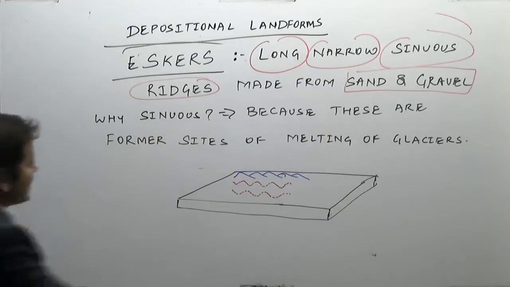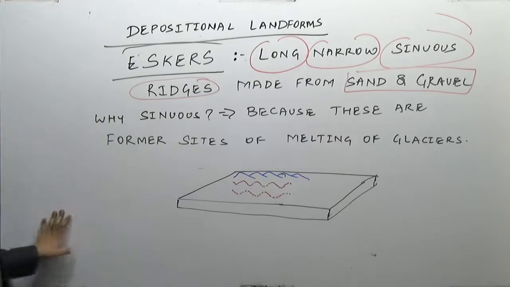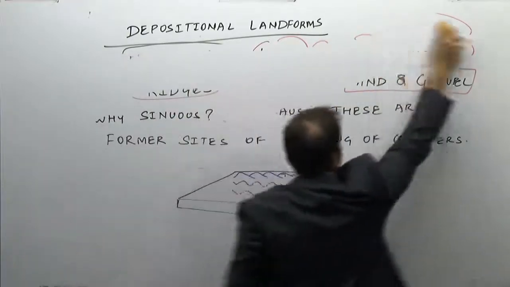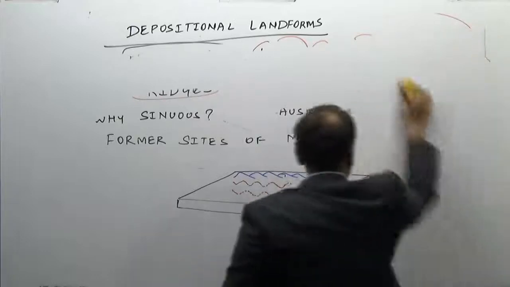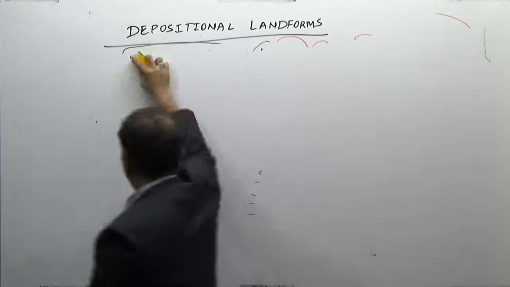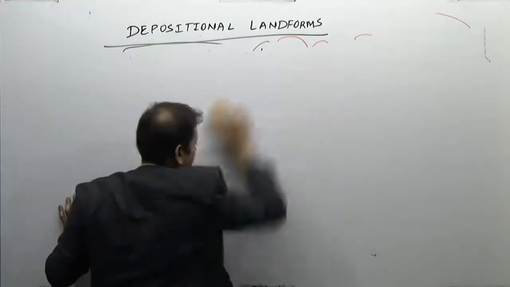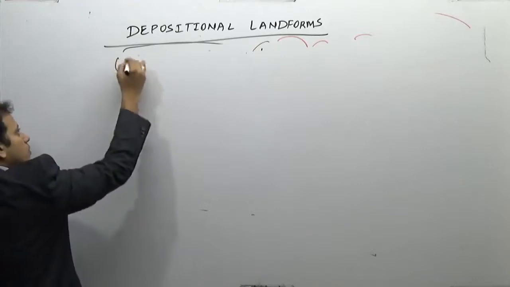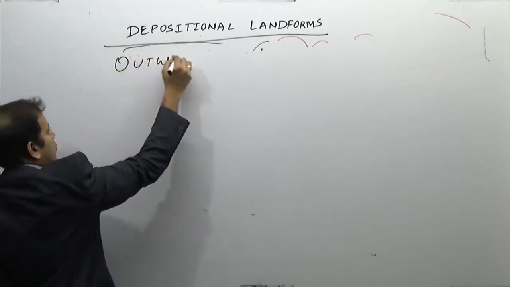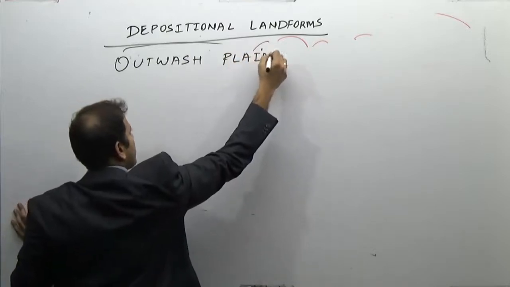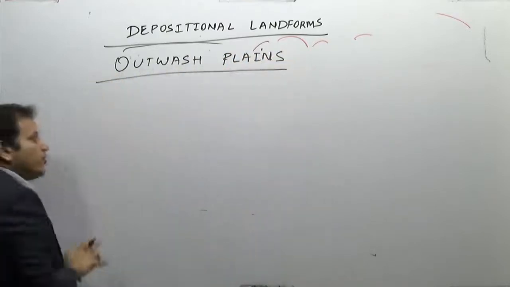Now the last kind of depositional landforms are outwash plains.